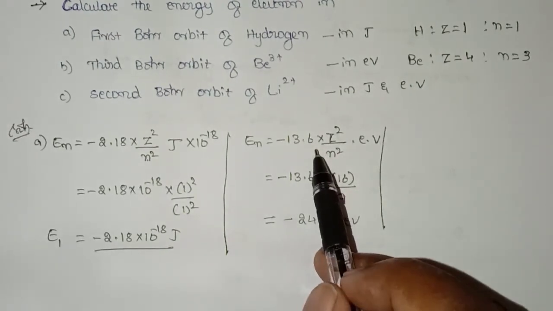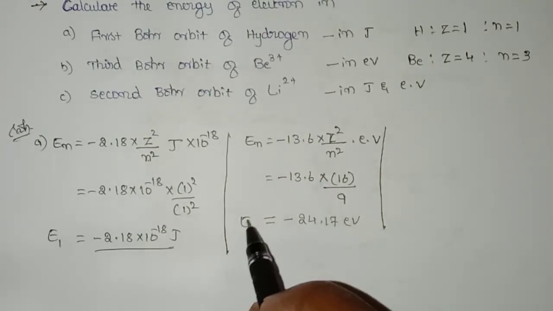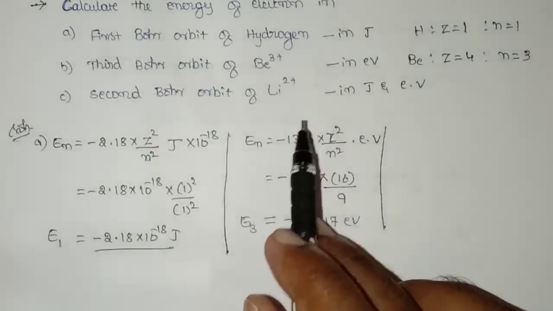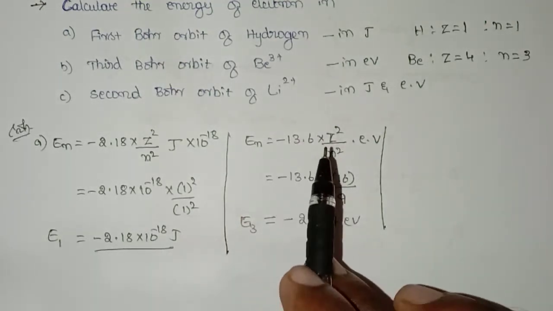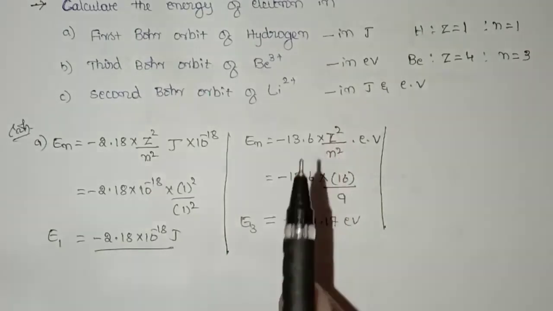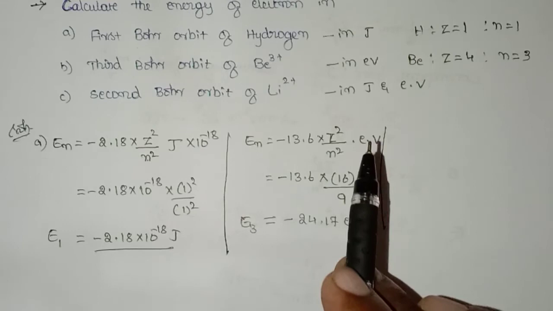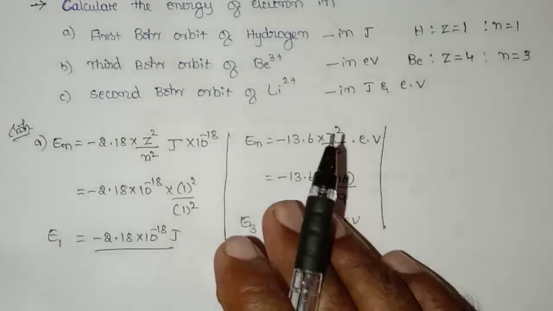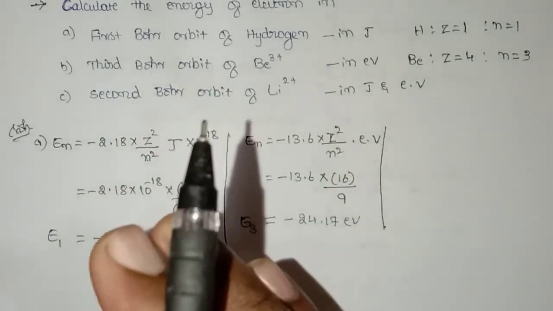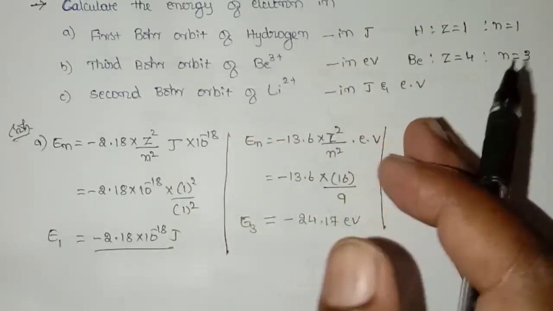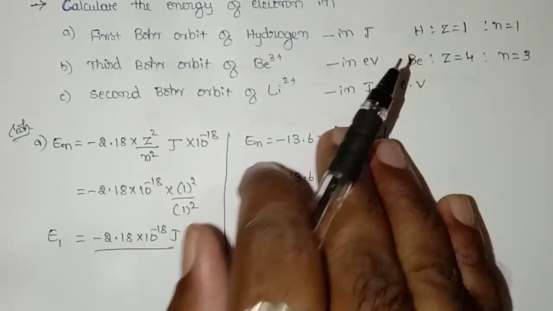Because in the third shell, that is in the E3 level, the electron possesses this much energy, but in n is equal to 2, the electron possesses minus 54.4 electron volts of energy. That means as you move away from the nucleus, the energy of the shell as well as the energy of the electron present in that shell increases.